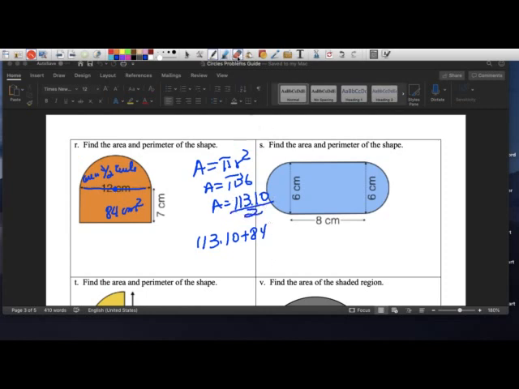So let me go back. That's wrong. The area of the full circle is 113.10. So 113.10 divided by 2 is going to give me 56.55, and that's the area of half a circle. So now let's add 56.55 plus 84, which is the area of the rectangle, and we're going to get that the combined area is 140.55 centimeters squared.